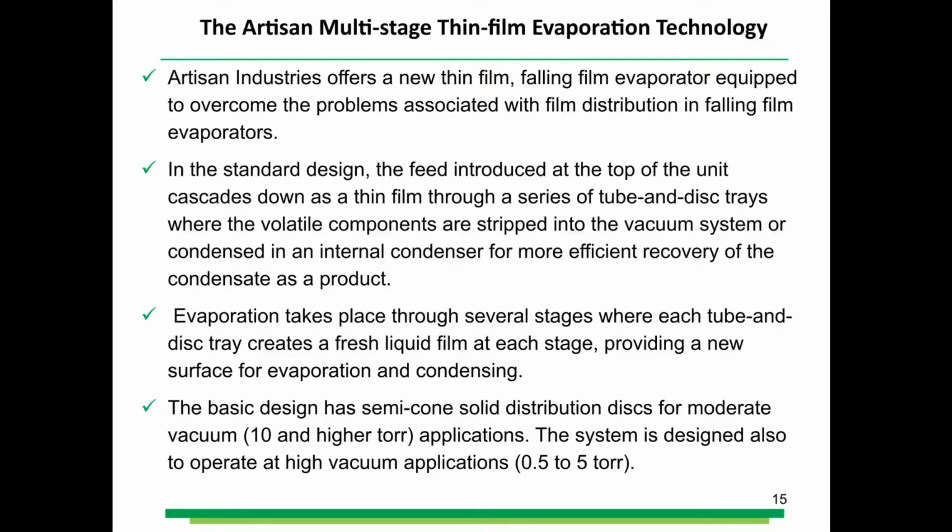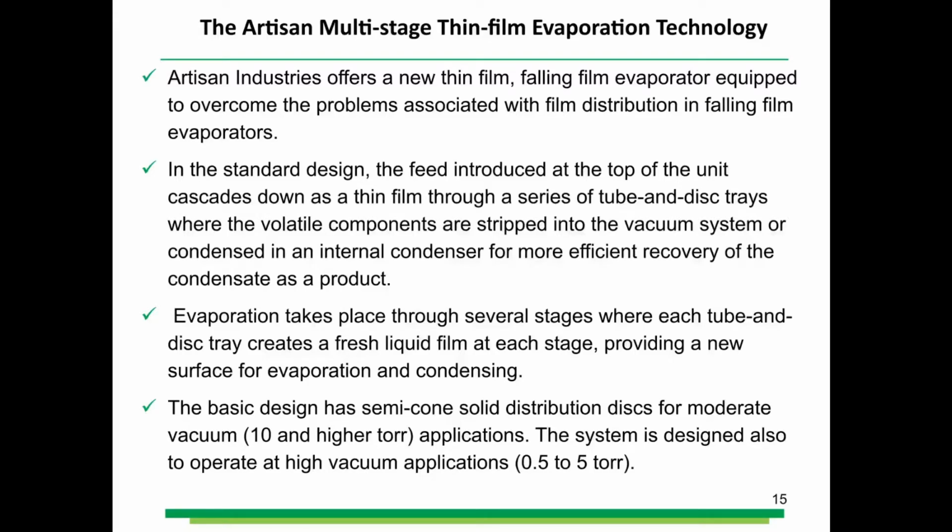Artisan Industries offers a new thin film, falling film evaporator equipped to overcome the problems associated with film distribution in falling film evaporators. In the standard design, the feed introduced at the top of the unit cascades down as a thin film through a series of tube and disc trays, where the volatile components are stripped into the vacuum system or condensed in an internal condenser for more efficient recovery of the condensate as a product.